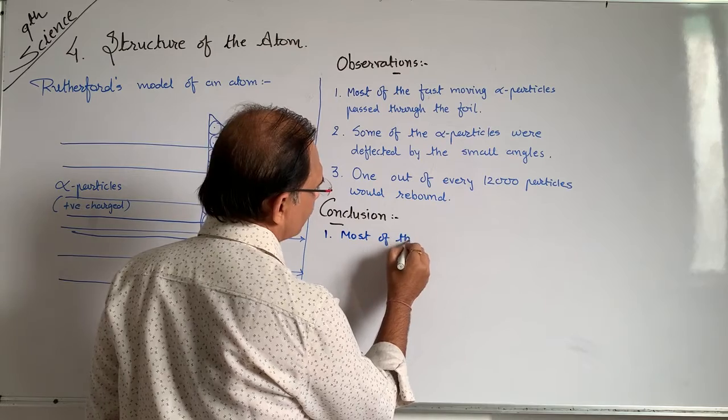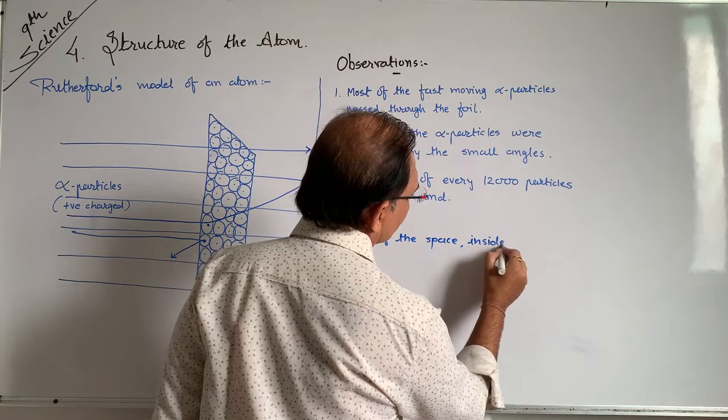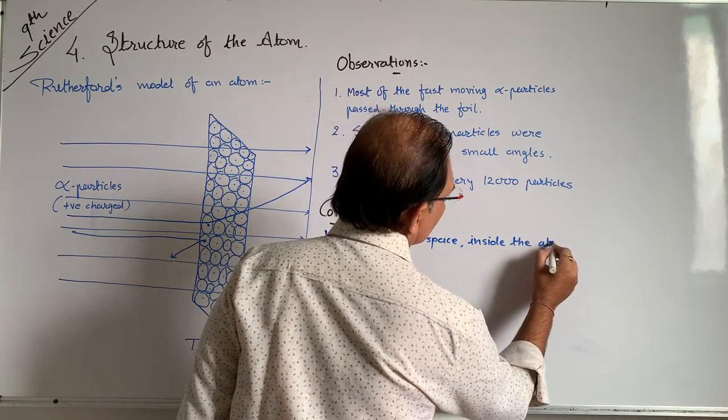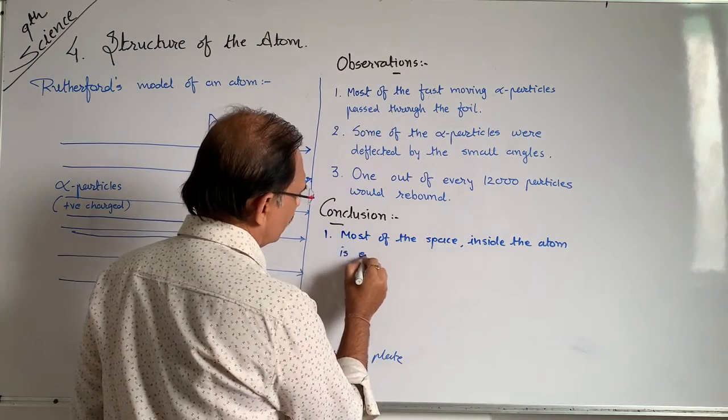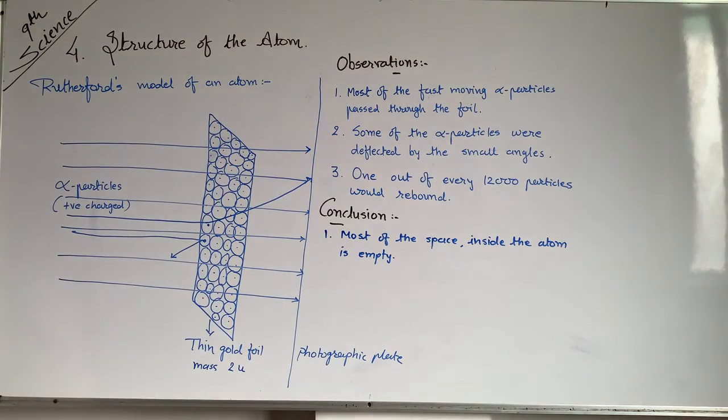The reason is that fast moving alpha particles pass through the foil continuously. You can say that because most of the alpha particles pass through the gold foil without getting deflected. So few particles were deflected from that path. It indicates that the positive charge of the atom occupies very little space.